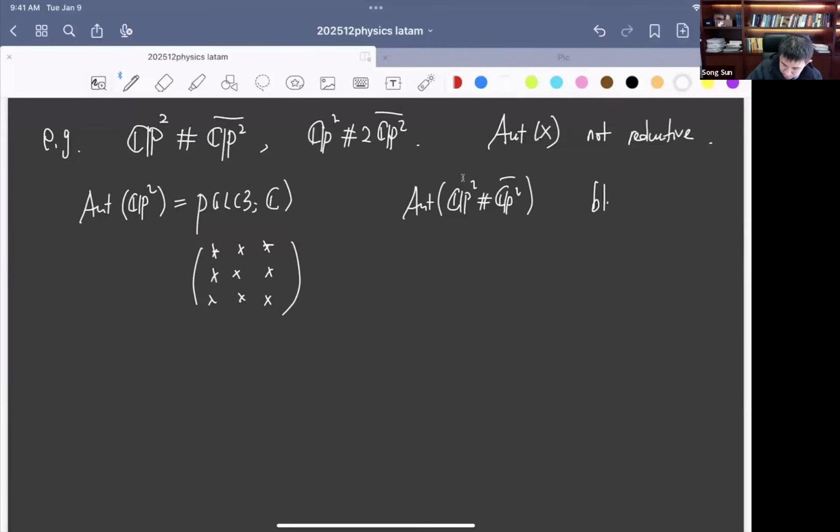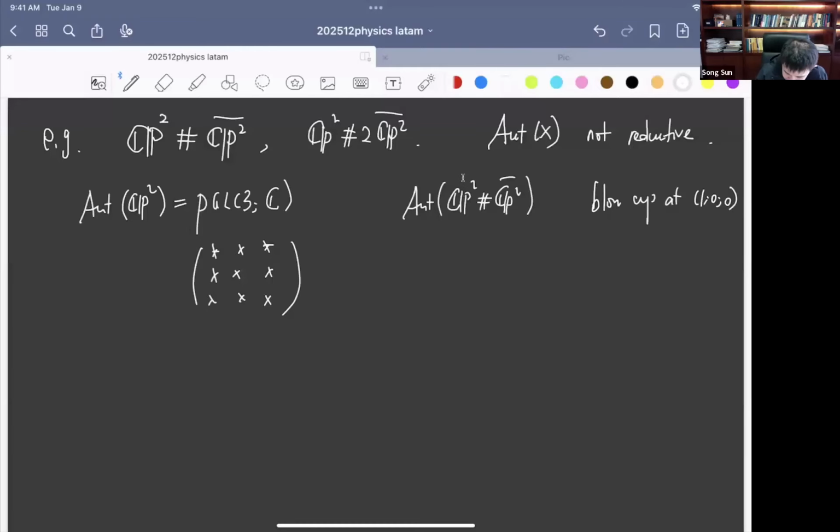Blow up at [1:0:0]. This decreases the automorphism group, because every automorphism of the blow-up has to be induced by an automorphism of CP2. But in order for an automorphism of CP2 to lift to the blow-up, it has to fix the point of blow-up, right?